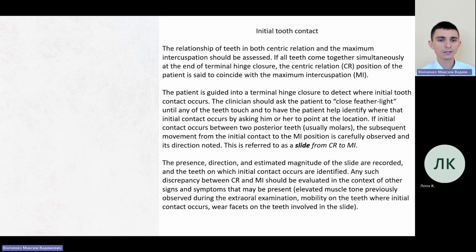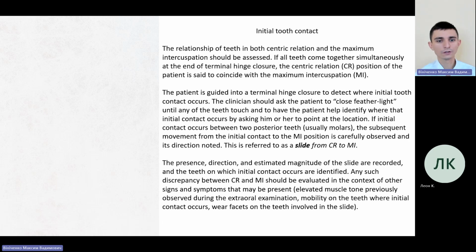The patient is guided into terminal hinge closure to detect where initial tooth contact occurs. The clinician should ask the patient to close feather-light until any of the teeth touch, and to help identify where that initial contact occurs by asking him or her to point at the location.